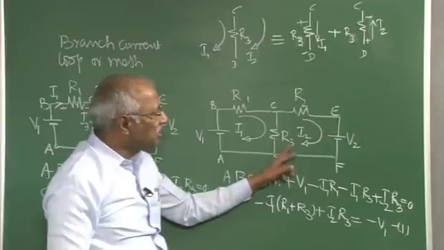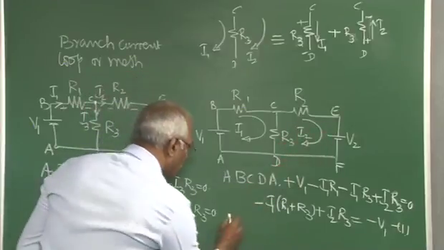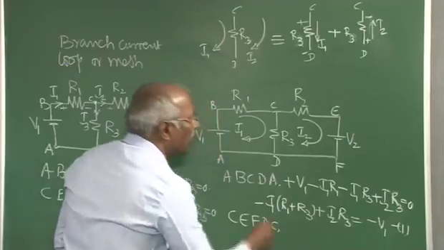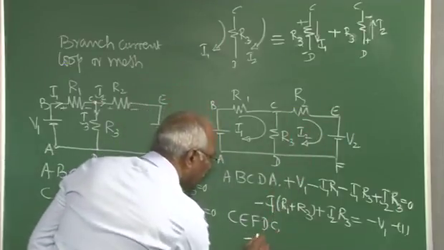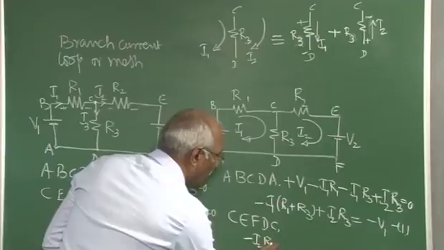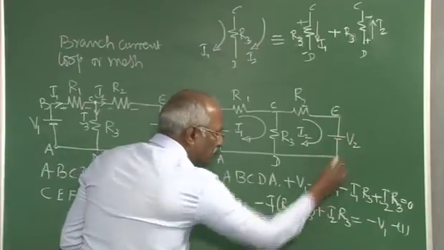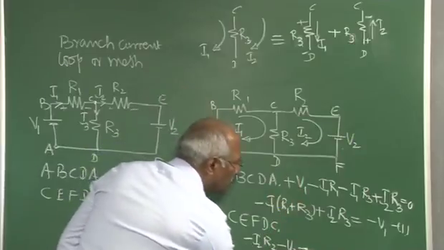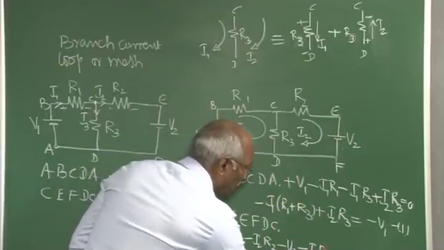And when it comes to this loop, the loop CEFDC, as I go this way, it is minus I2 into R2, plus to minus, it is minus V2. As I go this way, it is minus I2 into R3.